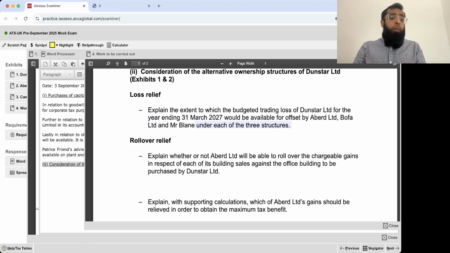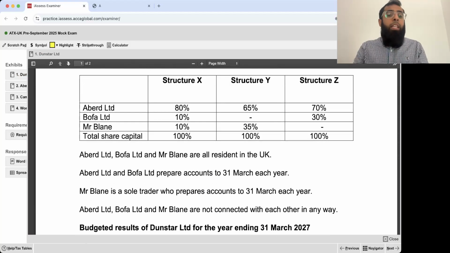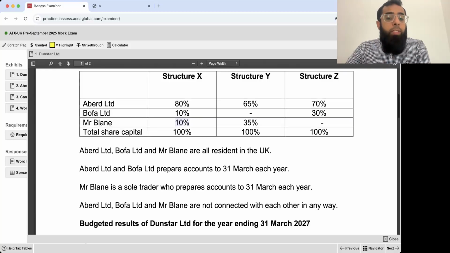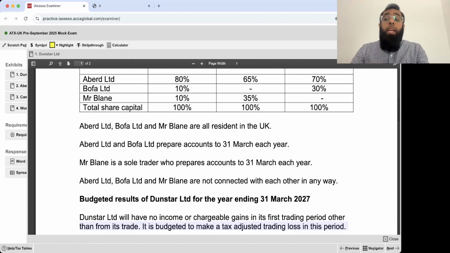See, first of all, make it clear that individuals cannot get any portion of the loss relief. Groups and consortiums are between the companies. See, the loss is of Dunster Limited. That loss can be accessed by its group companies. So group is between companies, not with an individual.